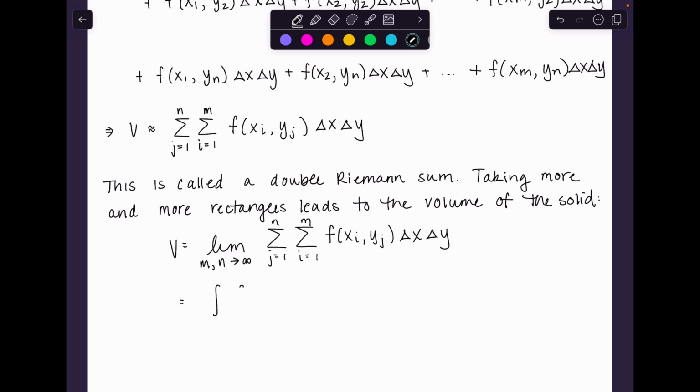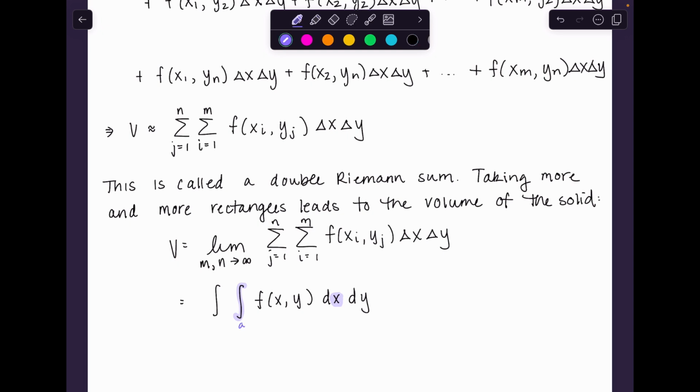So we end up with two integrals over our function, and then dx, dy. The order is important because x is the first here. That means the integral closest to it is going to be its bounds.